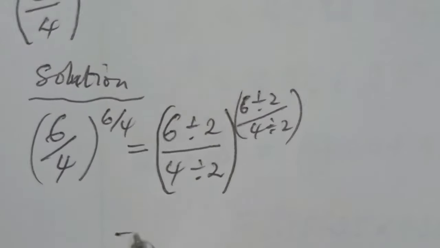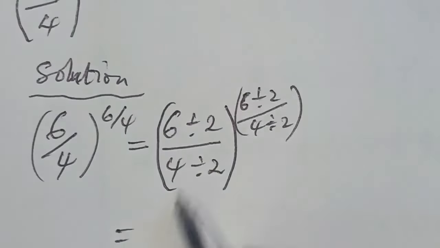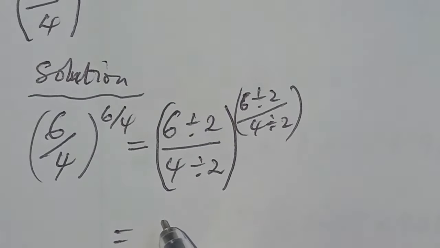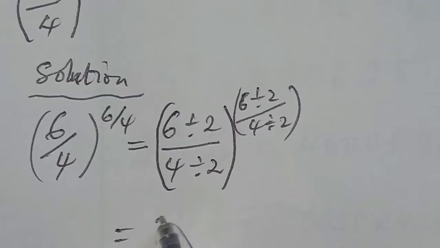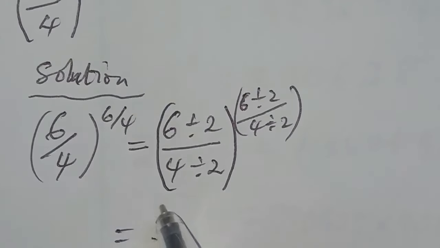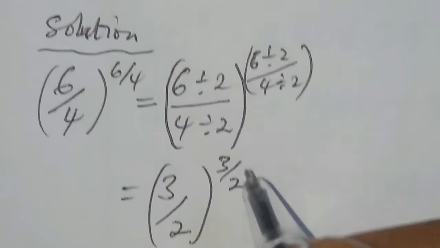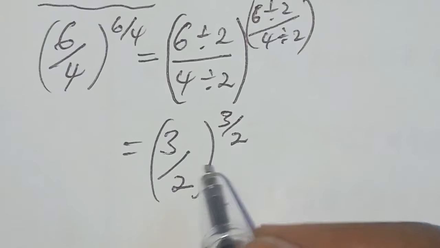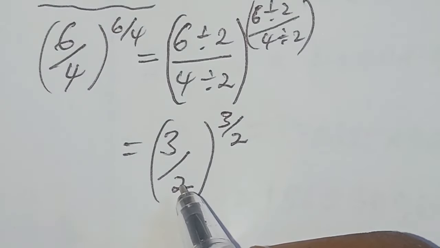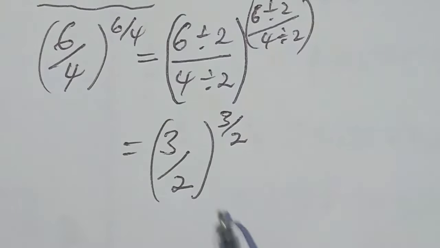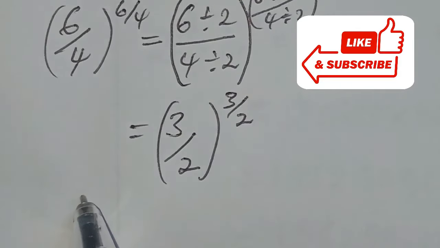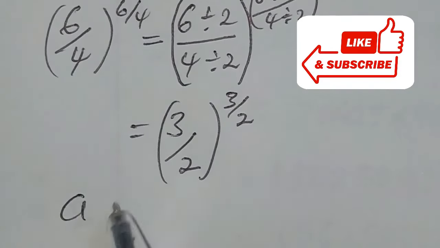If we simplify this, our expression now becomes 3 over 2 in brackets to the power of 3 over 2.